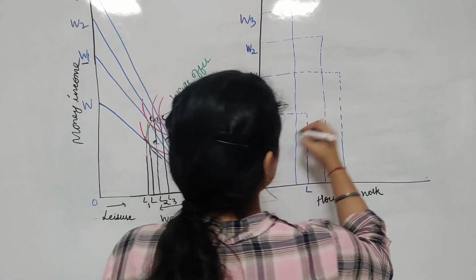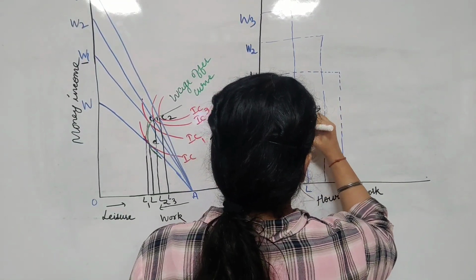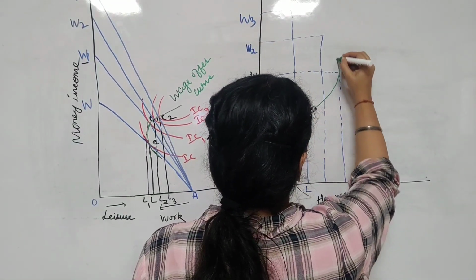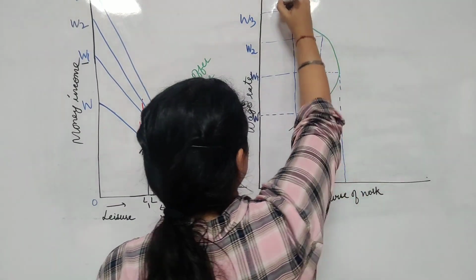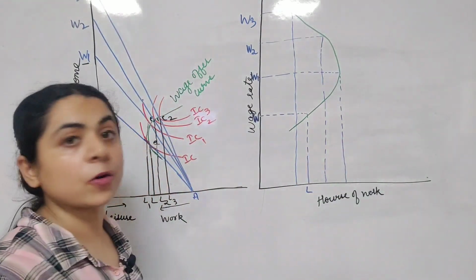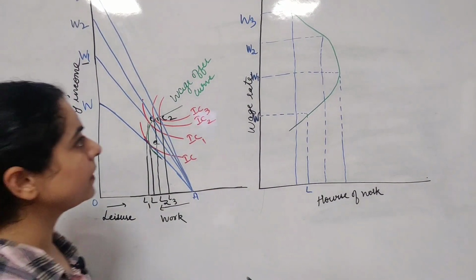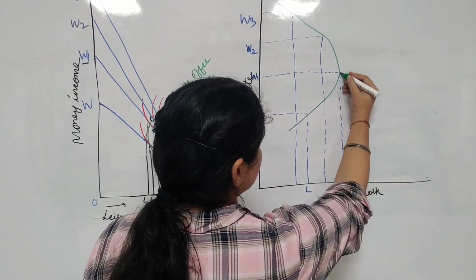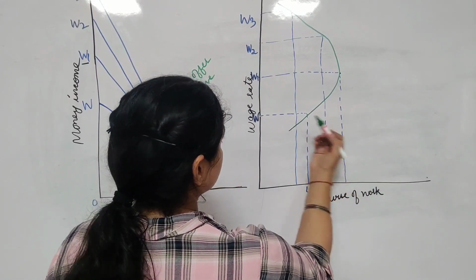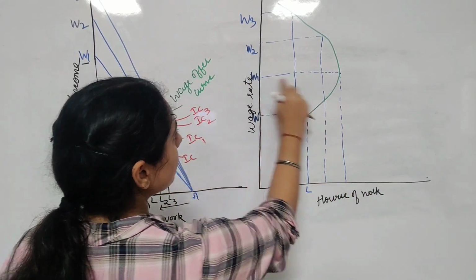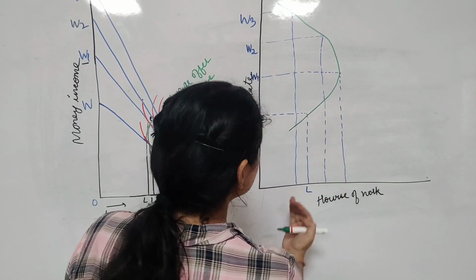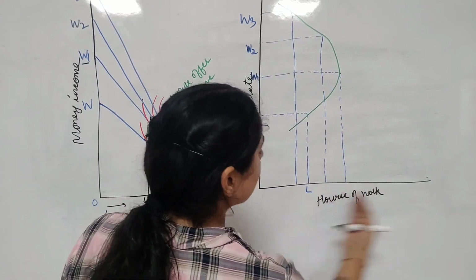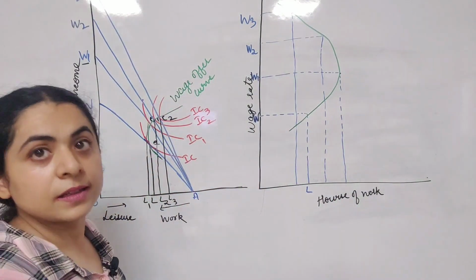These points together give us what is called the backward bending supply curve of labor. As we can see, from wage rate W to W1, with an increase in wage rate, working hours increase.